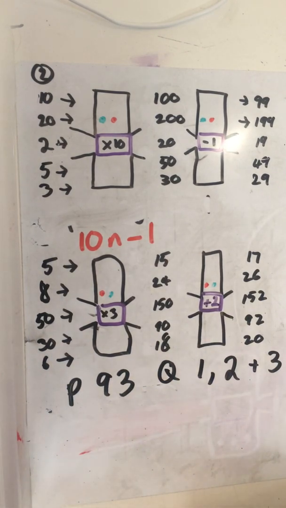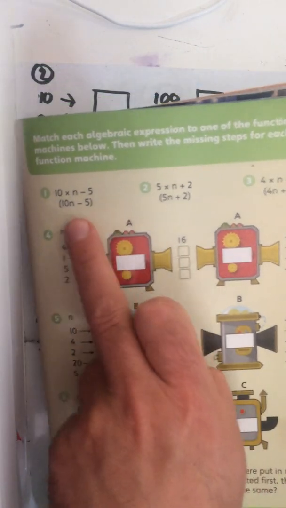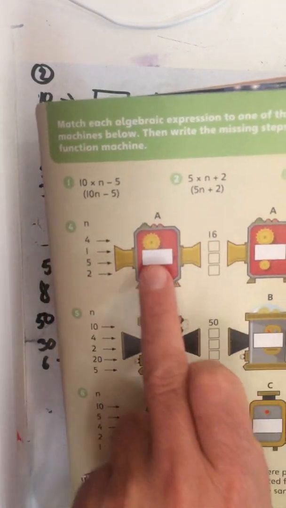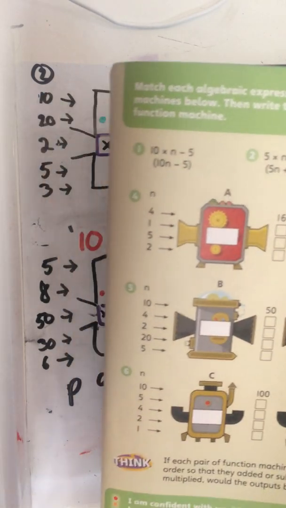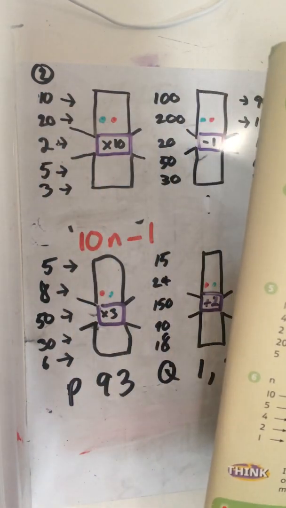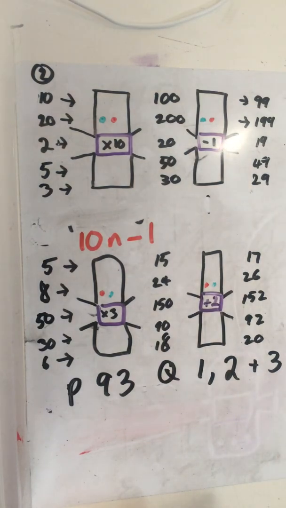Okay, you have to see which of those expressions relate to the function machines below. So we've got the expressions, this expression, which of those does it relate to? This expression, which of those does it relate to? Okay, have a go at those, pause the video, and then we'll just do the last part of the lesson.